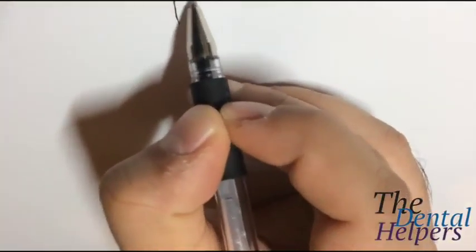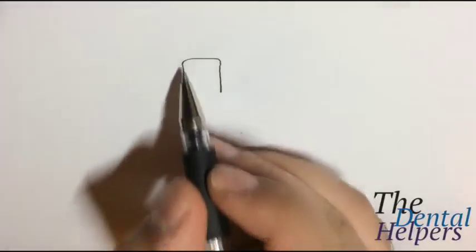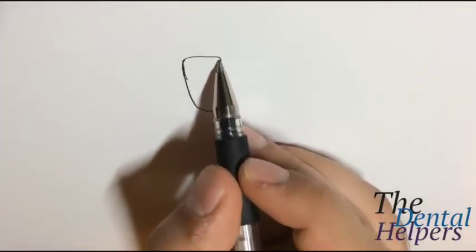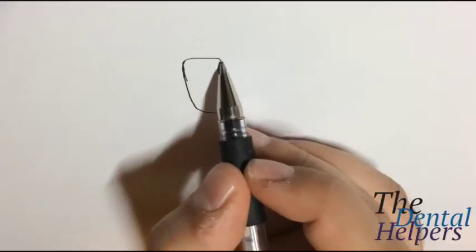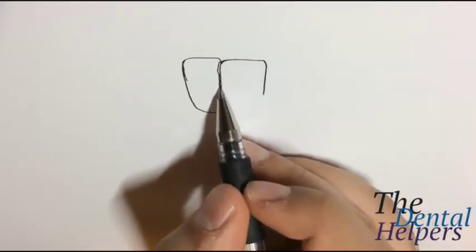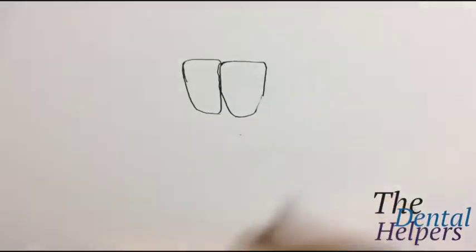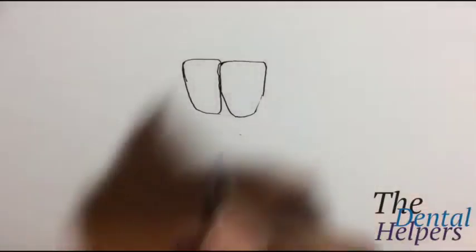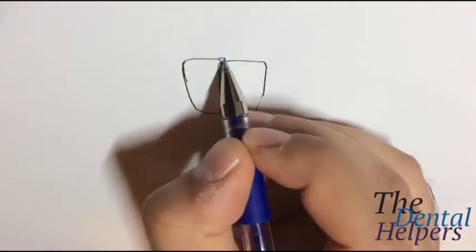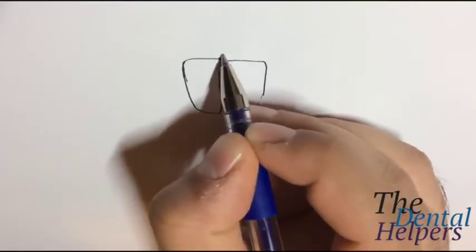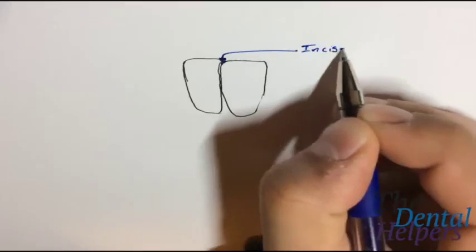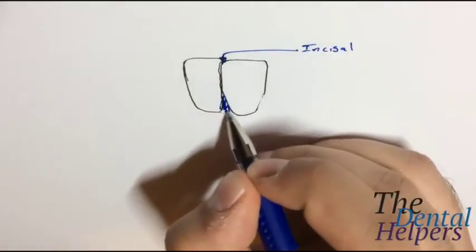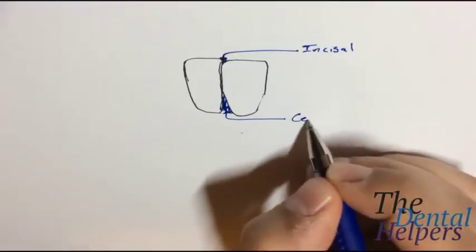Now, one of the questions that seem to pop up on the boards, and this is something that you should really just know, if we have two teeth, this is a give me question for the boards. We have 4 total embrasures. Our first embrasure is the incisal embrasure. Our second is the cervical.